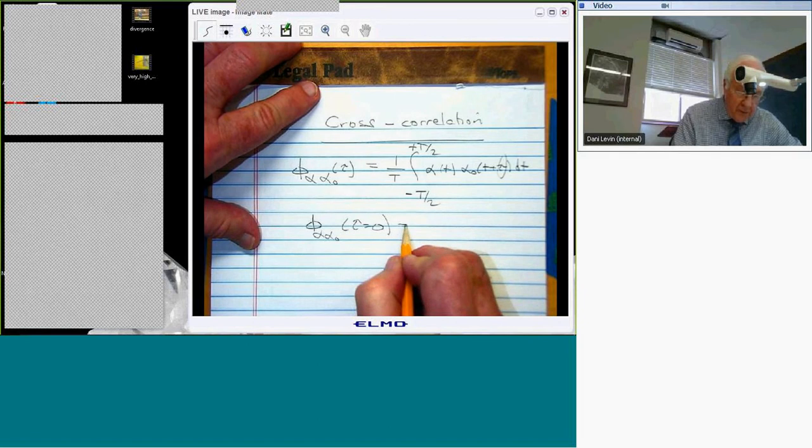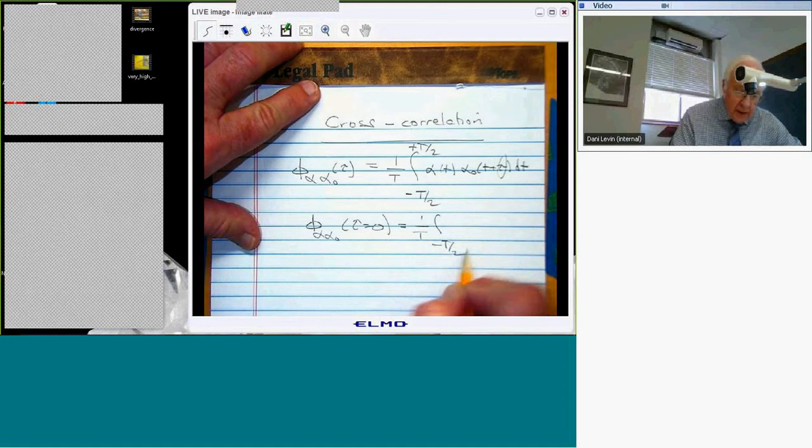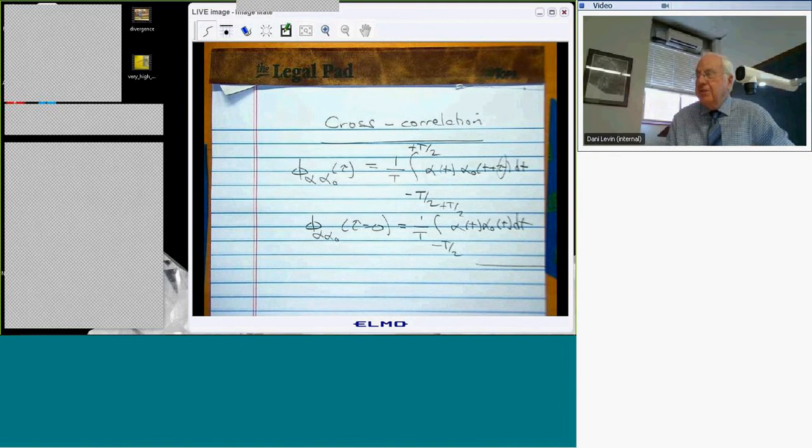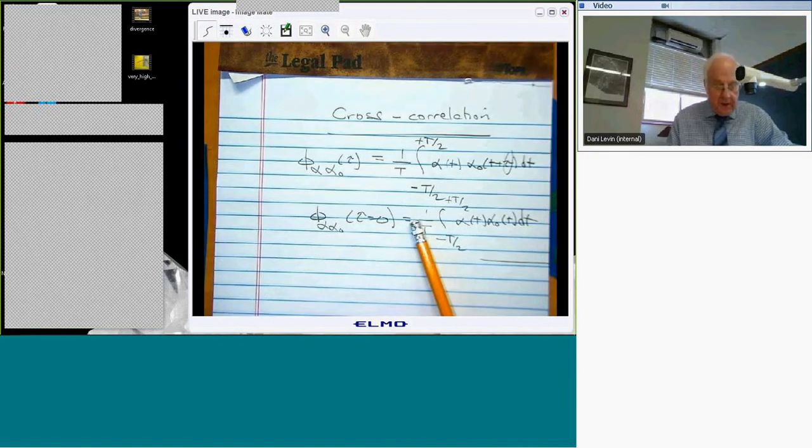Then it is clearly alpha t times alpha naught t. That's what it is, but so what? It's not the mean square of alpha. It's not the mean square of alpha naught. It's the mean square of alpha times alpha naught, and, for whatever it's worth, I wouldn't give it any great physical significance.